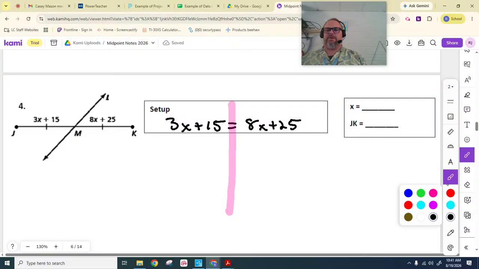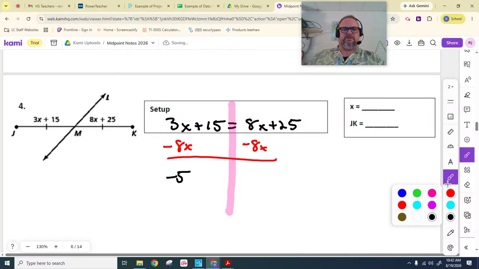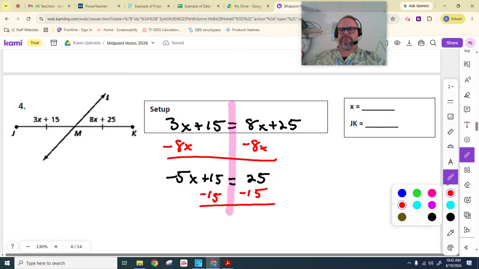I have seen people that brought their own highlighters today to do that. If it works for you, it works for you. Okay? So, negative 5x plus 15. Right, this is 25, which is funnier than 24. No, this is Patrick.